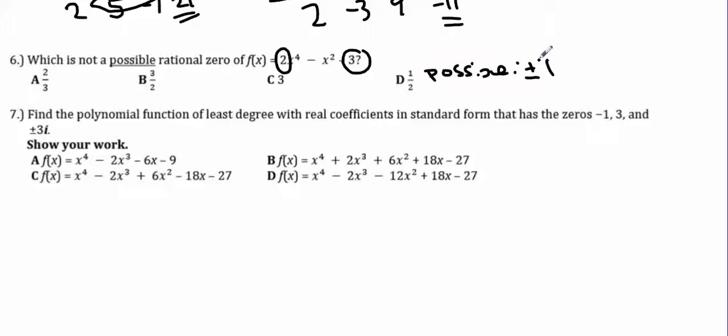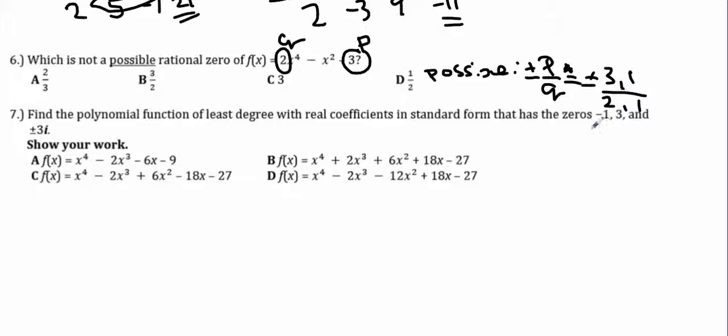So that would be P over Q. This is my P. This is my Q. So you get plus or minus 3 and 1. That's my factors of 3. And 2 and 1, which are my factors of 2.